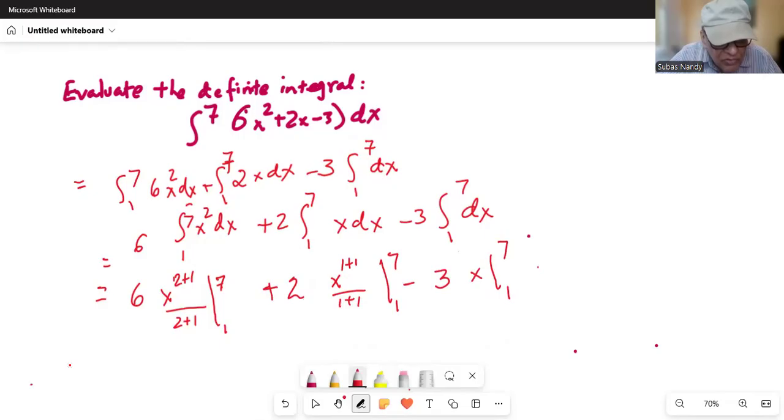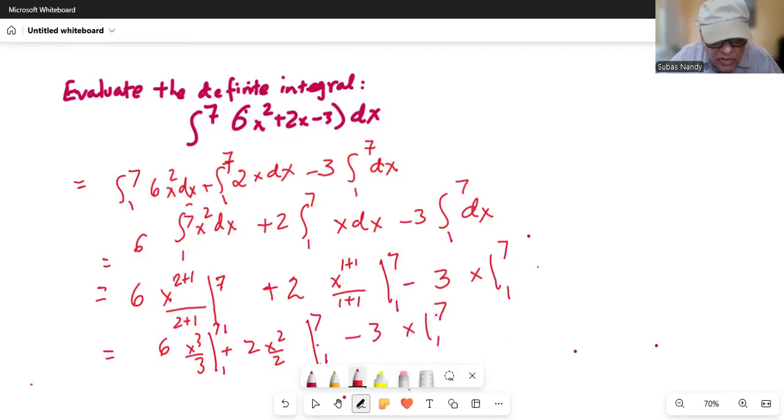So this becomes 6x cubed by 3 plus 2x squared by 2 minus 3x, with the limits of integration 1 to 7 for each.